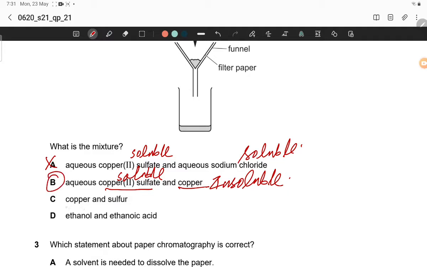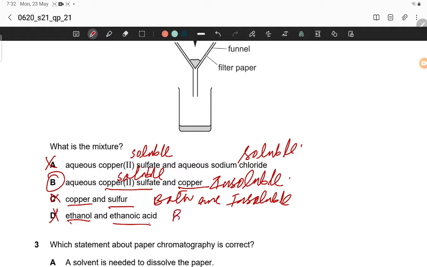Copper and sulfur both are insoluble, so this is incorrect. Ethanol and ethanoic acid is also incorrect because both are dissolved in water. Both are soluble.